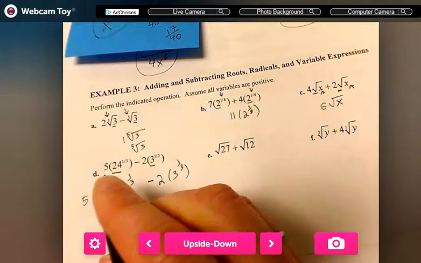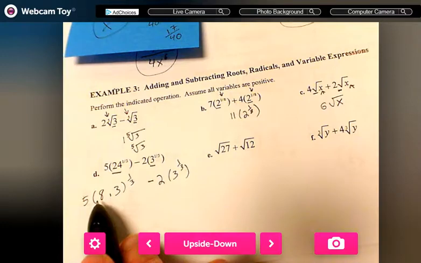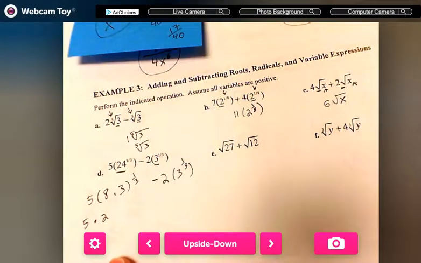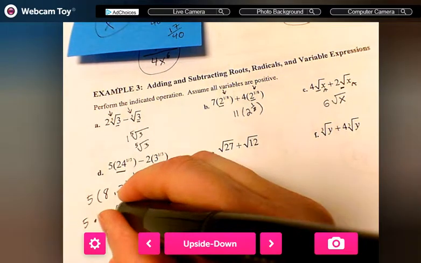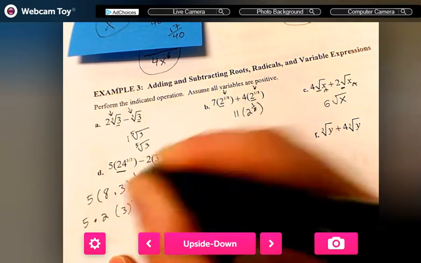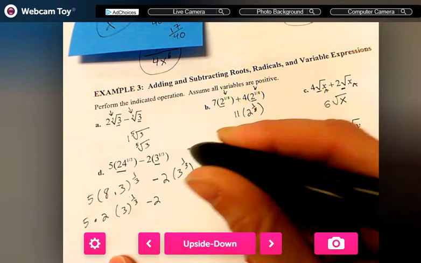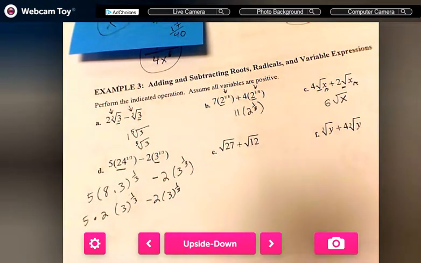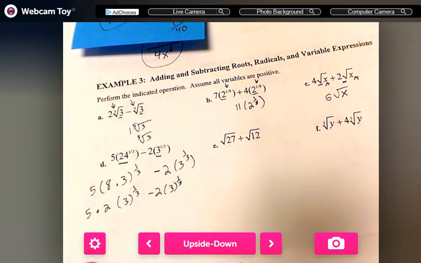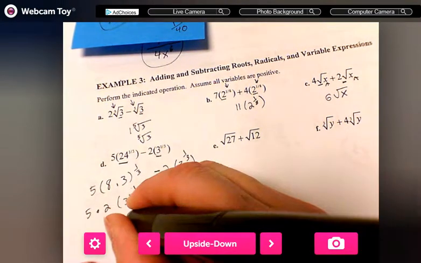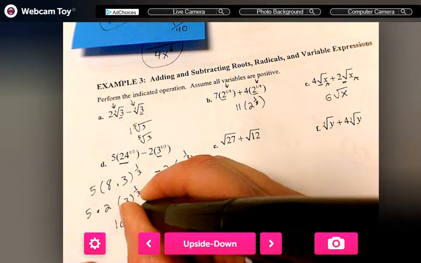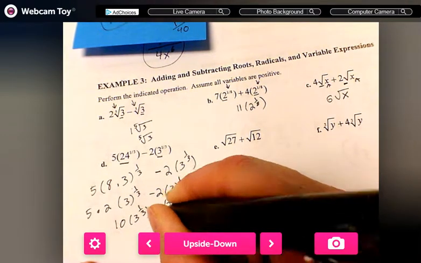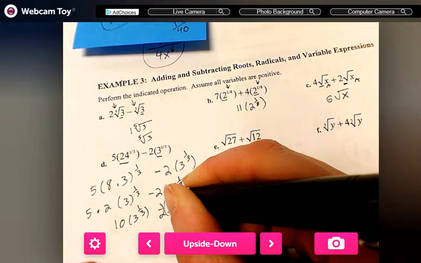Okay? Now I'm going to take out that 8 and make it a 2. So I'm going to go 5 times 2, because 2 times 2 times 2 gives me 8. And then I have 3 to the 1/3 minus 2 times 3 to the 1/3. Okay? What's 5 times 2? 10. So I have 10 times 3 to the 1/3 minus 2 times 3 to the 1/3.